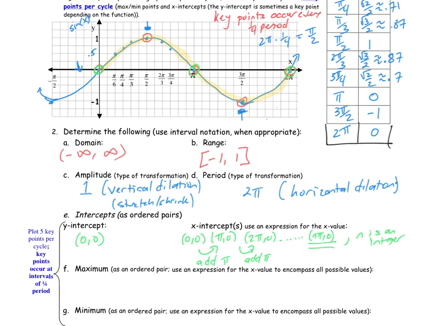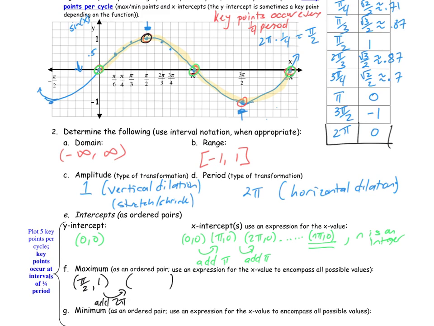Okay, how do I write an expression for all the maxima? So I'm going to circle, we only have one maximum point shown here. The maximum point that we have is (pi over 2, 1). But to get to the next maximum, I would add a full period, which is 2 pi.